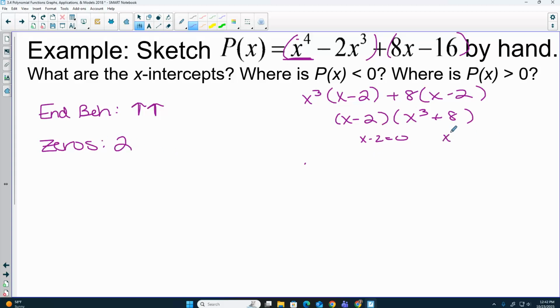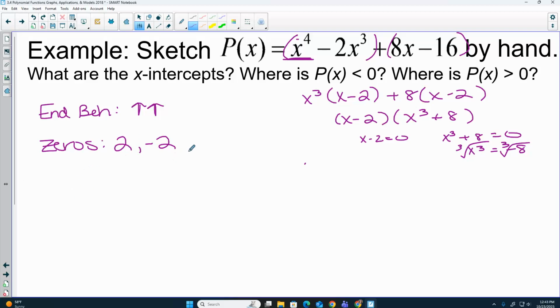If I set x cubed plus 8 equal to 0, we have the cube root of negative 8, which is negative 2. Technically, this was x to the fourth, so we would expect 4 zeros. The others in this case are imaginary. Remember back when we factored cubics, we had the difference and sum of cubes formulas. The other zeros there were imaginary, so this is all we need.